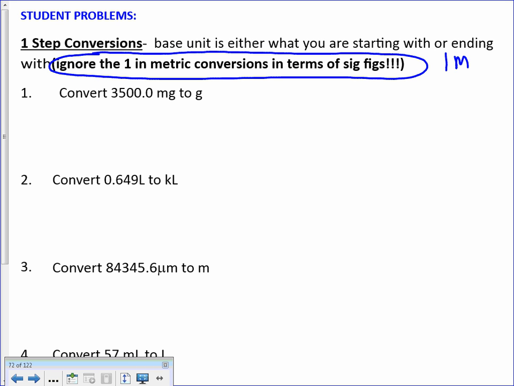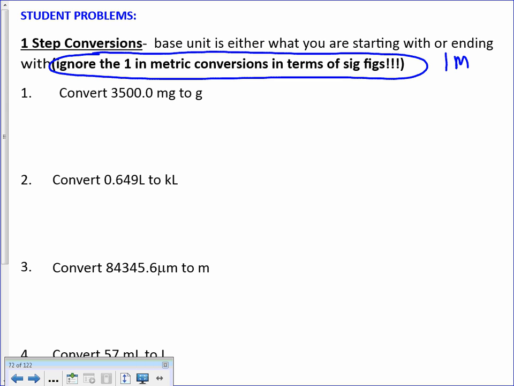Because if B, which is meter, liter, and gram, that's the base unit, and you put a 1 there and you're going over to centi, you would put 0, 0 here to hold the decimal places. So that would mean there's 100 centimeters in 1 meter.